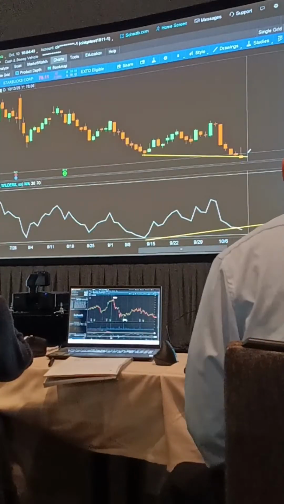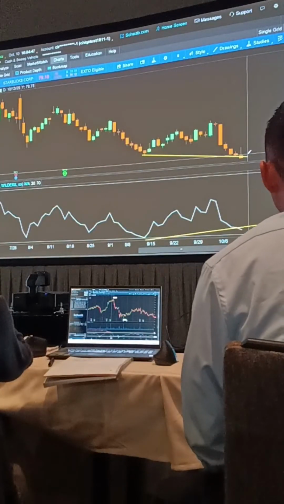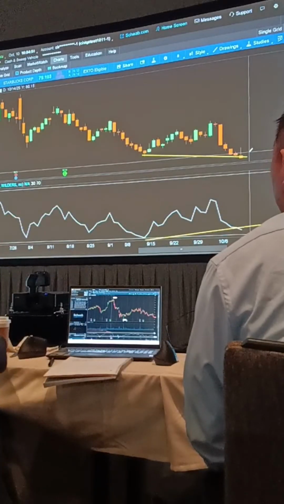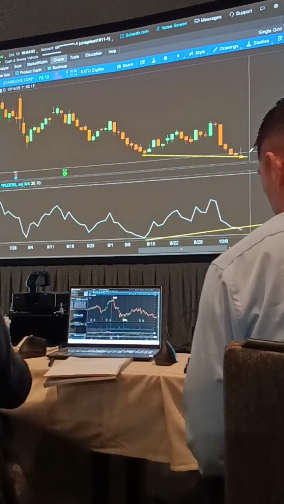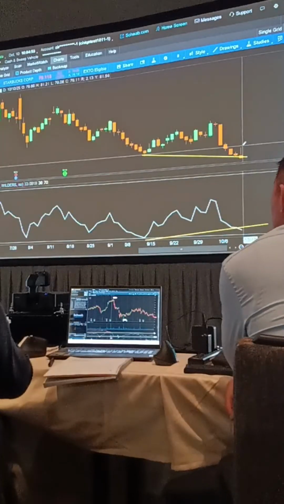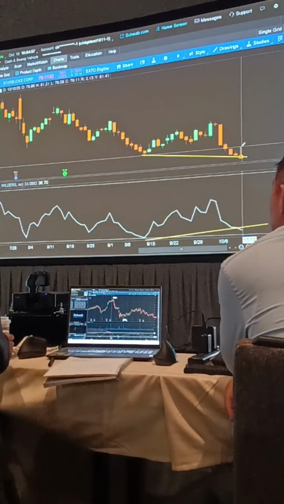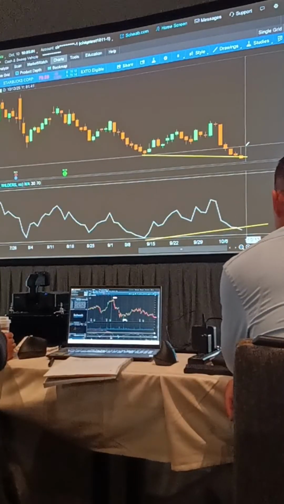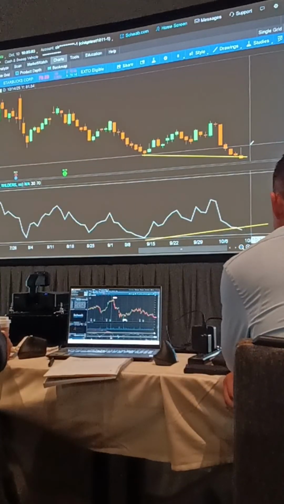If price bounces up from support, then enter the trade. Or if price breaks resistance, maybe we've got a resistance there about 87.5 or so. If price breaks resistance and momentum is increasing, then enter the trade, else wait.